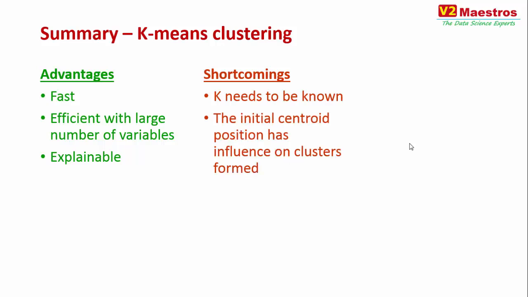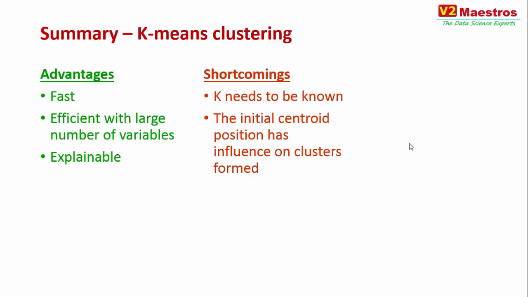The initial centroid position has influence on the actual clusters formed. Wherever you put those dots up front, sometimes they do influence the actual size and shape of the clusters. Sometimes what happens is, if the initial centroids start in a different position, the points might actually end up in different clusters.